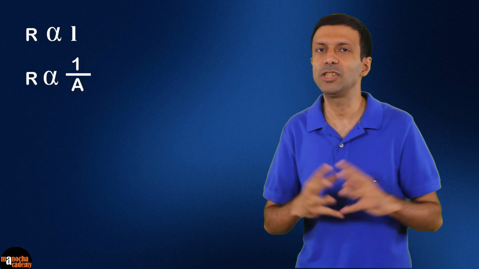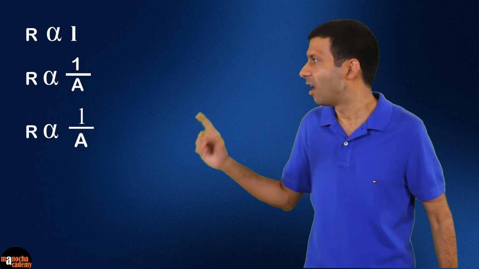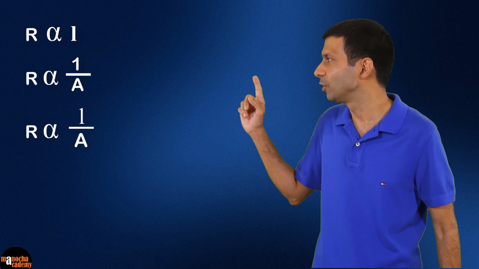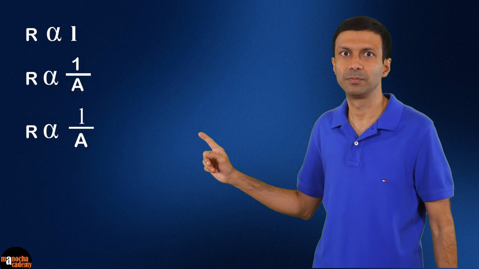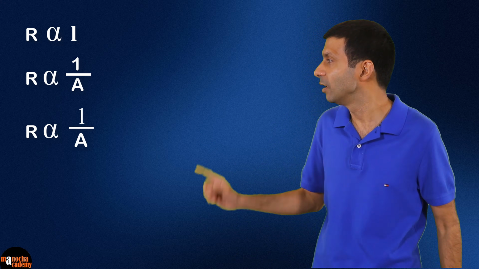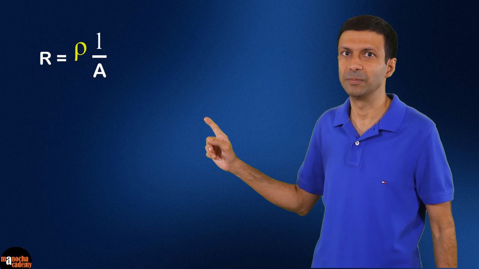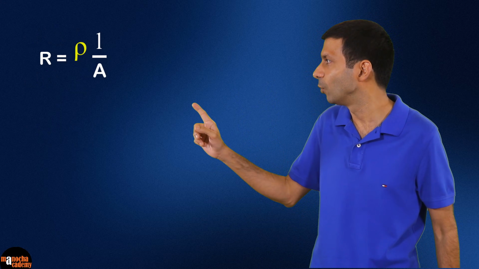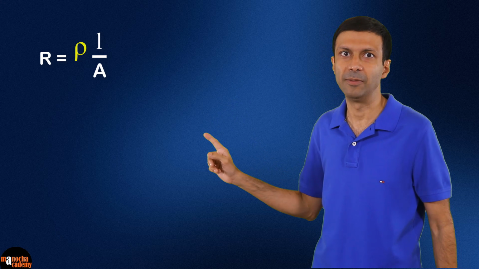Now if we combine these two factors, we get R is directly proportional to L by A. Now if we want to convert this directly proportional relation into an equation, we need to use a constant of proportionality. So we get R equal to rho L by A.